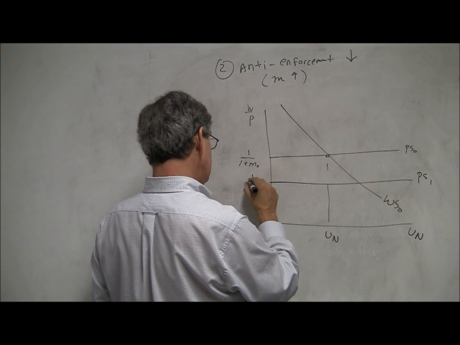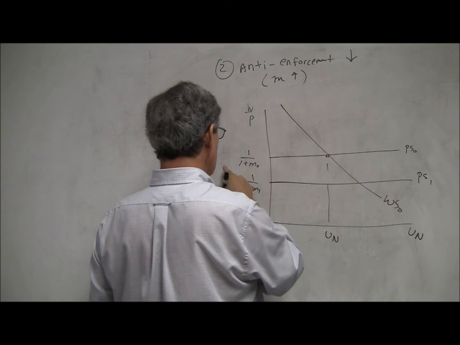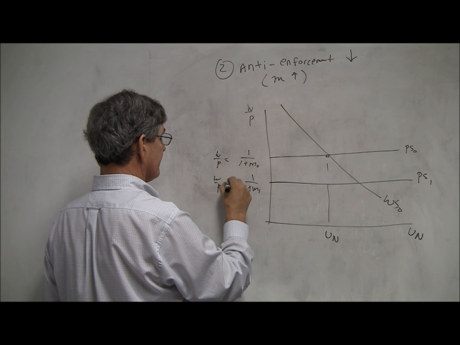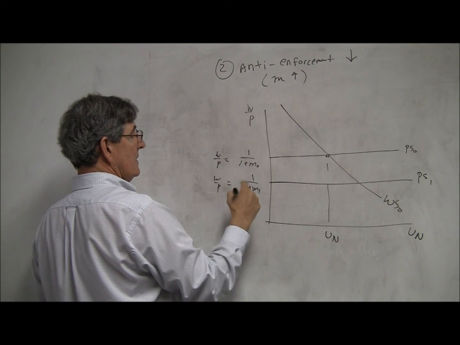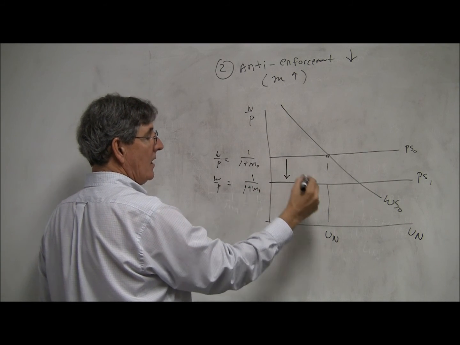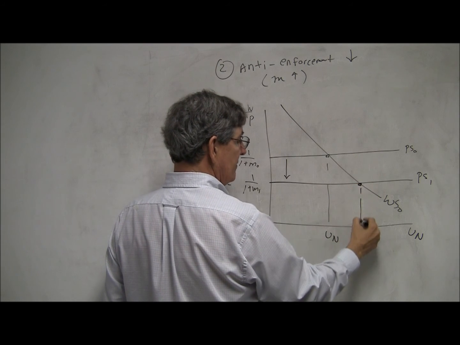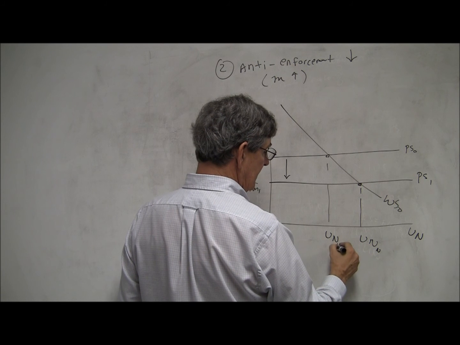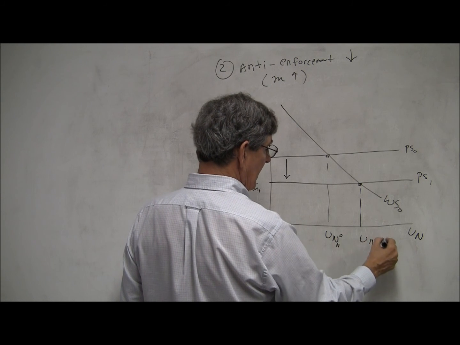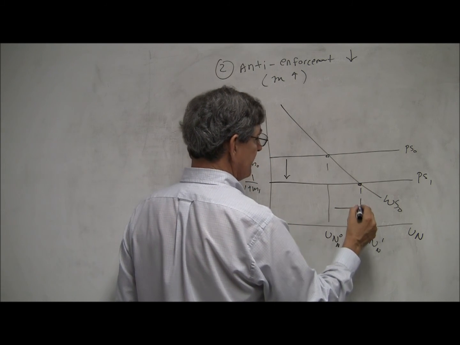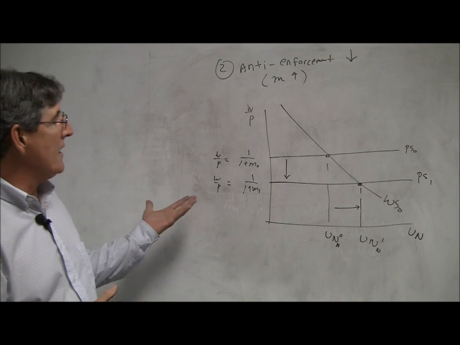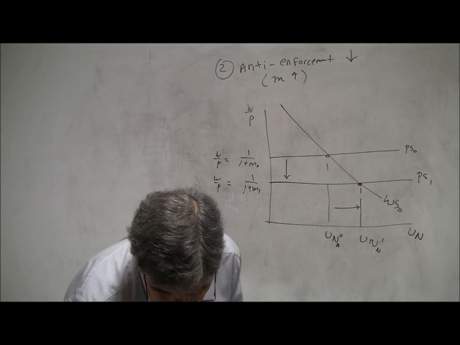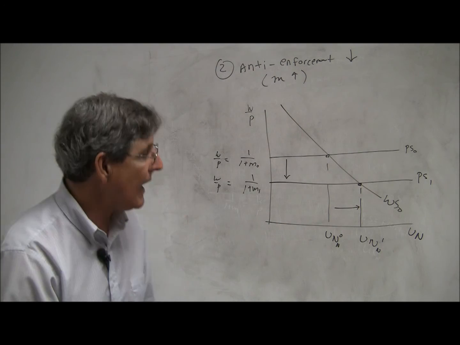And in this case, the real wage falls, and the natural rate of unemployment, this is the natural rate, U_n0, U_n1, goes up. And so in our model, that would be the effect of a change in the degree of market power.